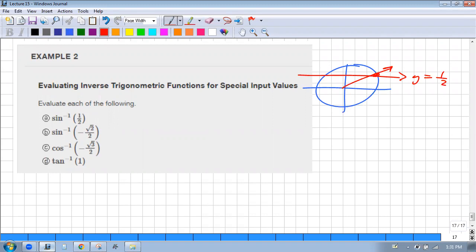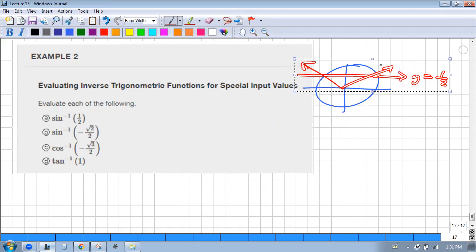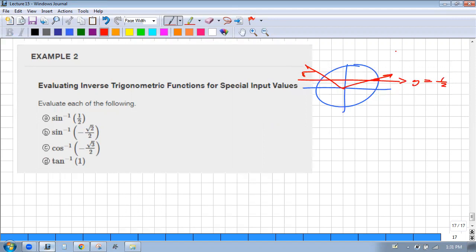So sine of this angle or that angle gives me a half. The possible angles would be this one or that one. Sine inverse always gives us the one that's over here, so it has to give us pi over 6. It's not going to give us 5 pi over 6. It's not designed to do that.